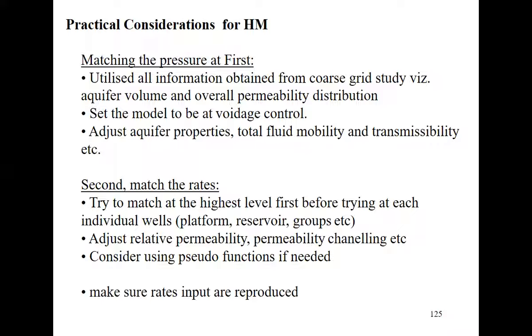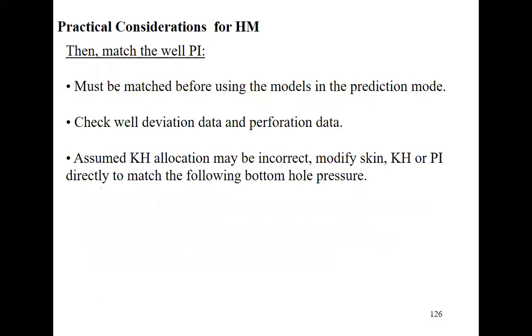So to get a good history match, I mean for good predictions, we have to see our rates well matched with our observed data. We can match our PI, the well PI.